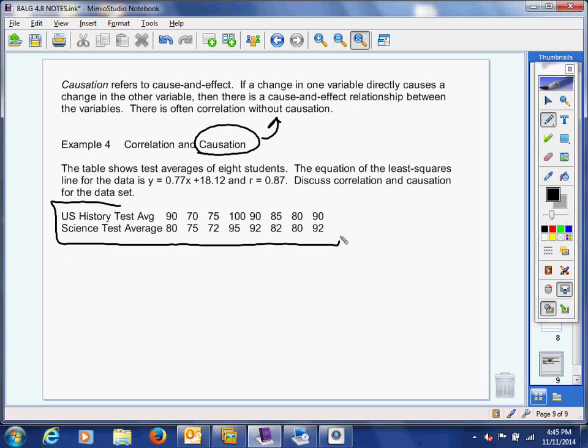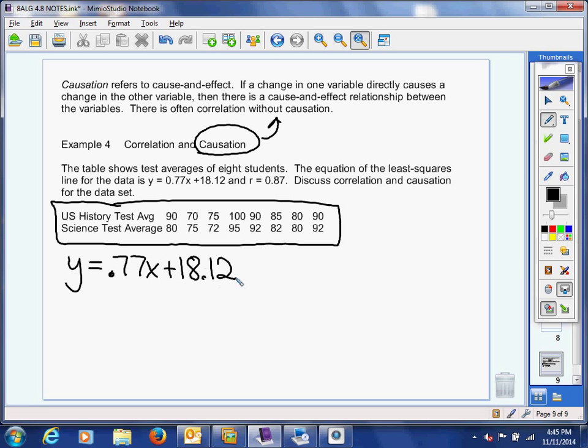Here's the table. We don't have to put it in our calculator, so don't worry. This is totally just an assessment type of thing. The table shows test averages of 8 students. The equation of the least squares line for the data is y equals 0.77x plus 18.12. And they give us the correlation coefficient as 0.87.